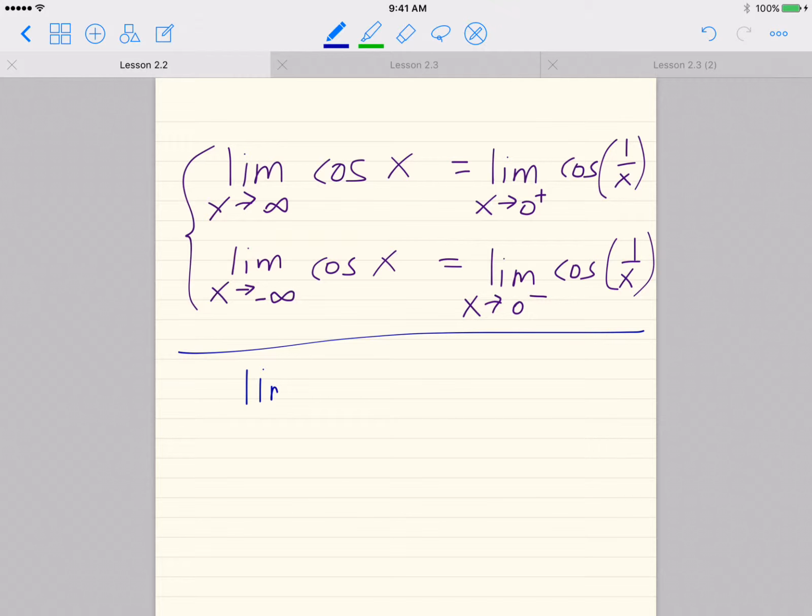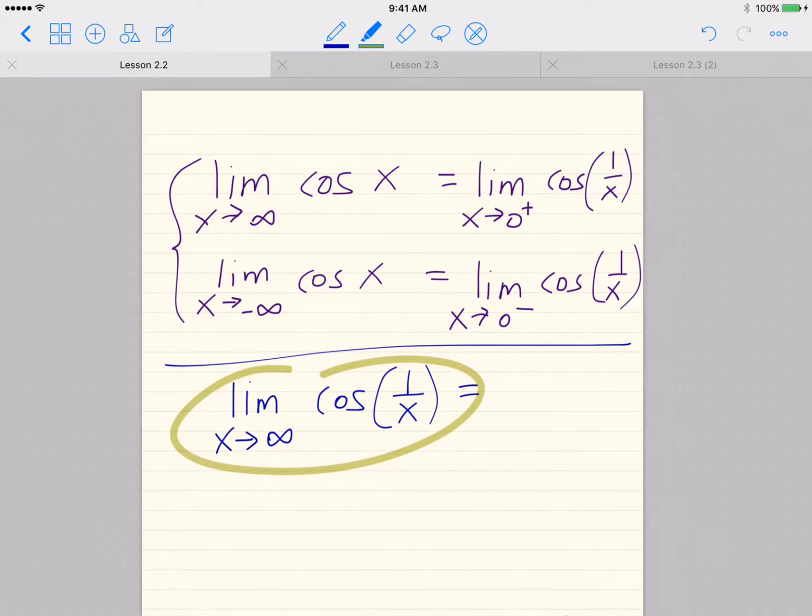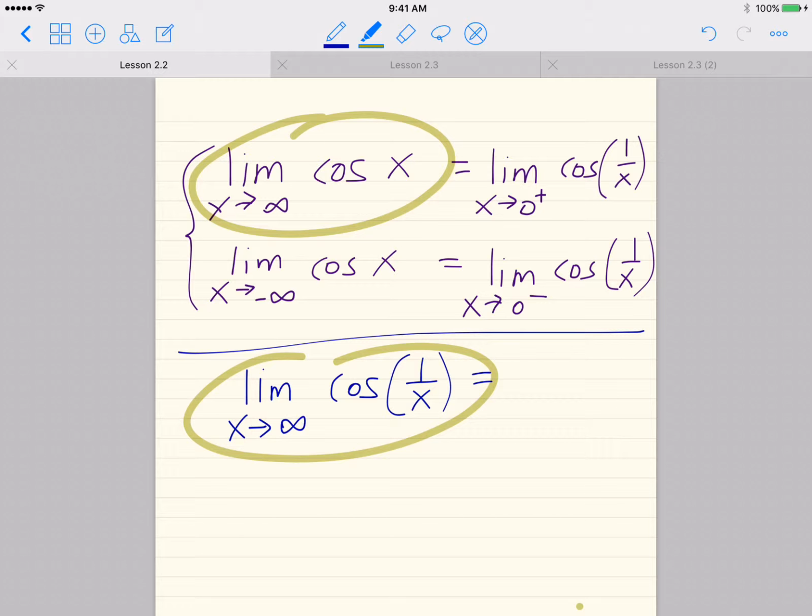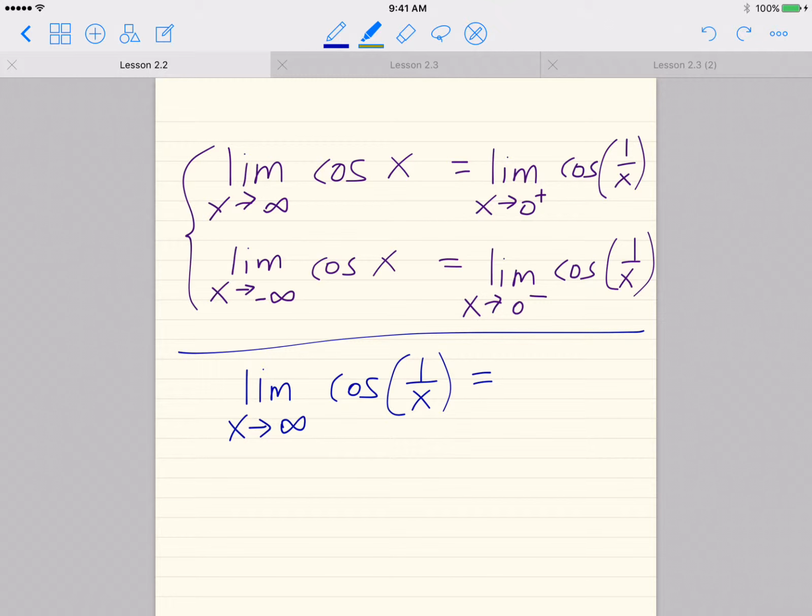What if you started with this? Let's say you're concerned with finding the limit of cosine of 1 over x as the x value approaches infinity. While this is pretty much the same example as this, you see that the argument or the angle that we're using for cosine is 1 over x.